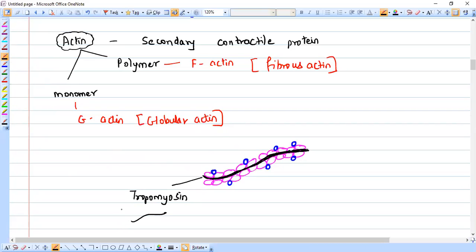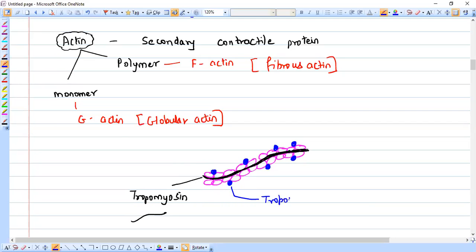At intervals, you will have troponin. This blue color structure that you're observing is present at intervals. It is not present regularly. So this structure that you can see at an interval is called troponin.